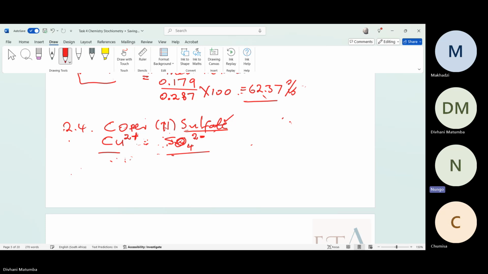You have CuSO4. So what happens is you drop that 2 to here, and you drop the other 2 to here. So you would have copper 2, sulfate 2. But because there's a common factor, you can just cross out that 2, it's fine. We don't really need it.